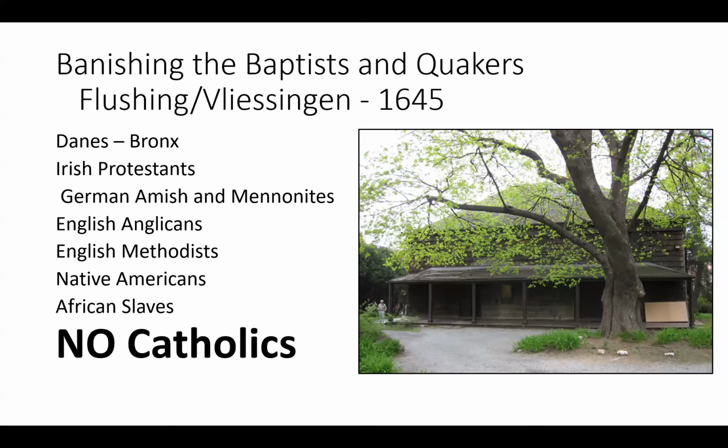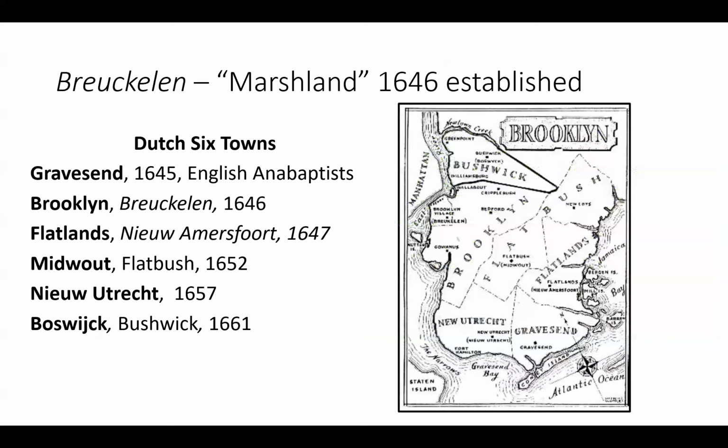So Catholics were banned. Now, Bruggelein basically means marshland. Some people say it means a little bridge, but marshland tends to be the one that people accept. And the area called Brooklyn, which you see on the map on the right, was part of the larger part of New York, which is today Brooklyn.